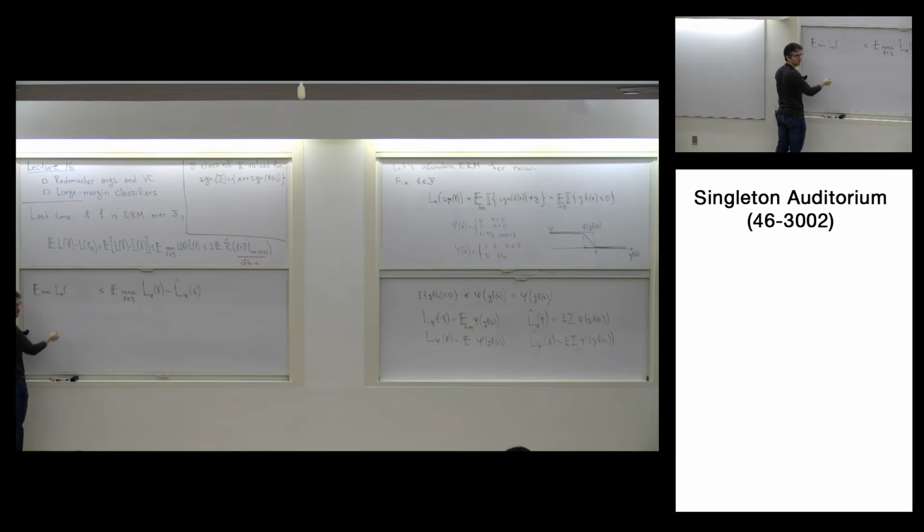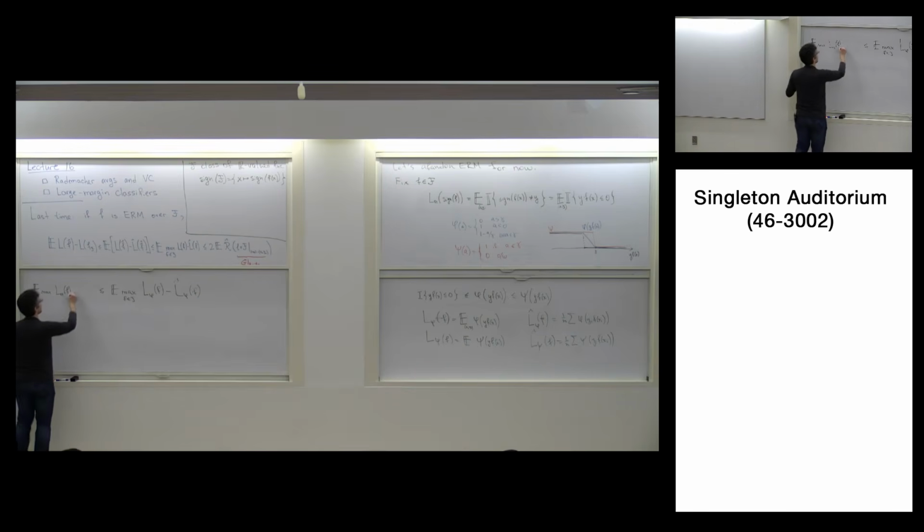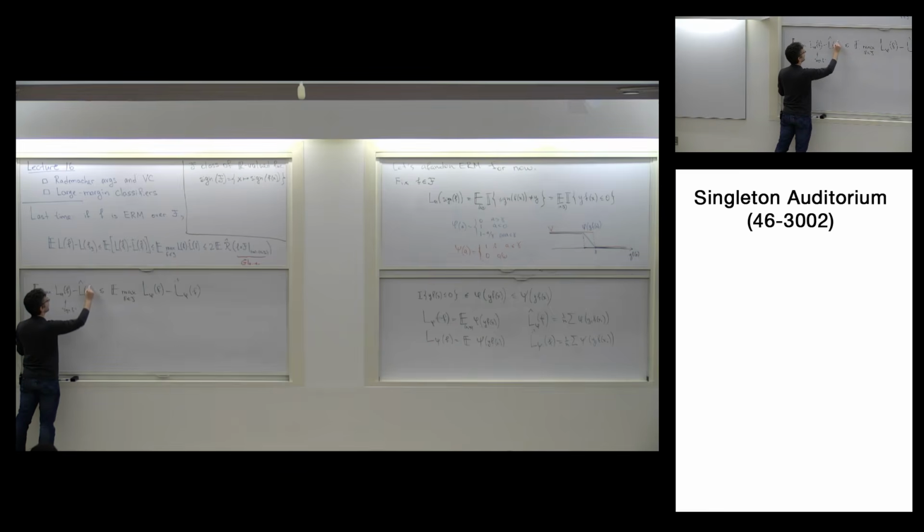It's clear that I take the sign of the real valued f, right? Then it's closer to that definition. Minus L hat, so this is really sign of f, L hat of f. Oh no, sorry.